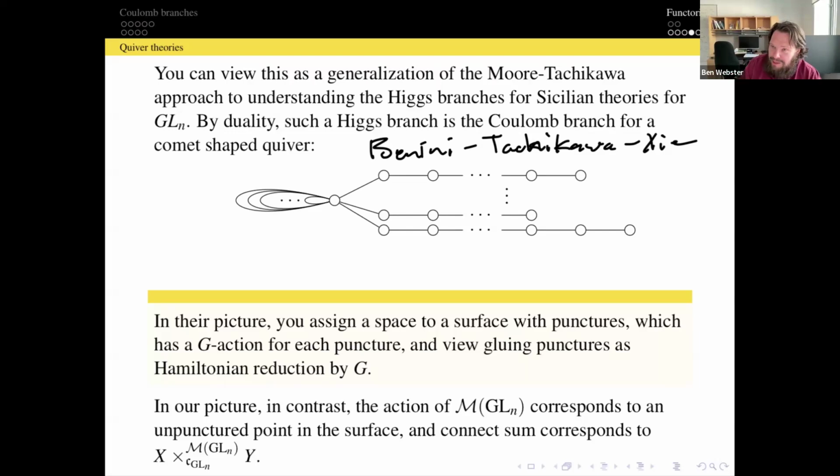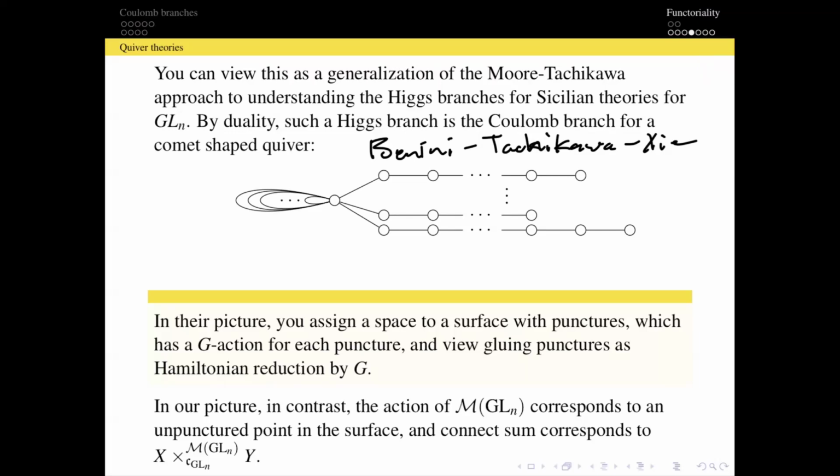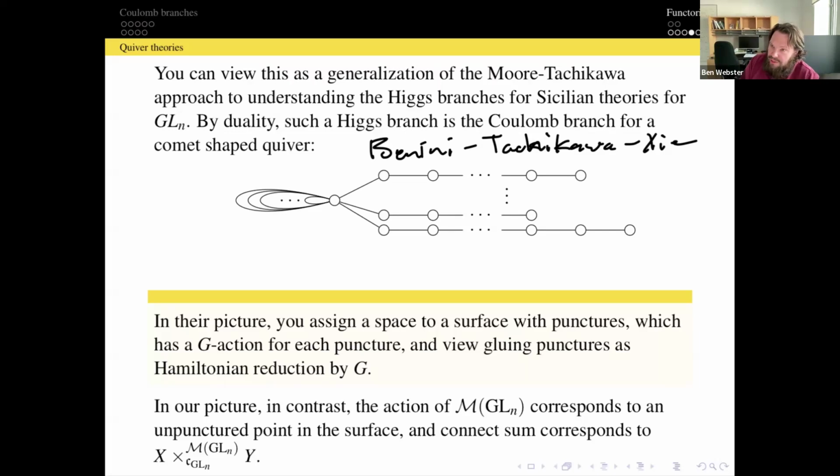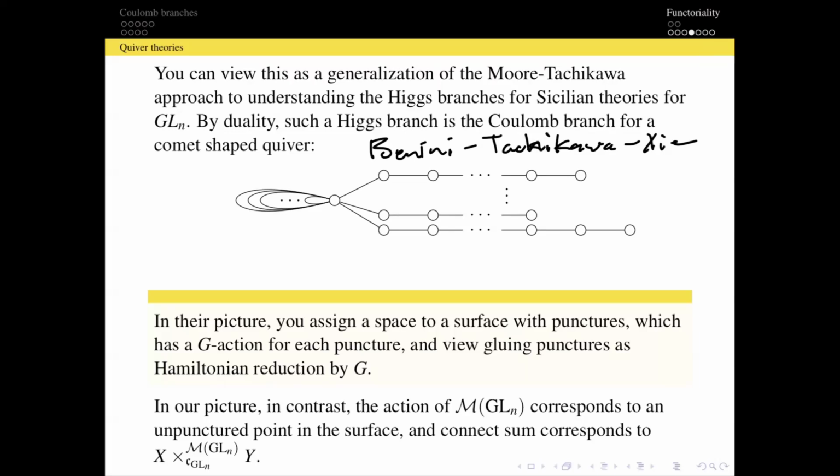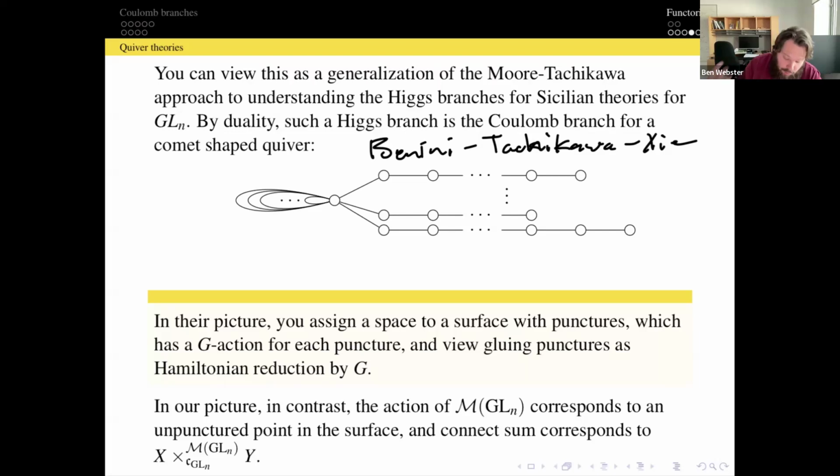That's the paper where I learned about this comet-shaped quiver stuff. If you want to understand these Higgs branches for Sicilian theories for GLN, you can do duality and write them as the Coulomb branch of quiver gauge theories for exactly these comet-shaped quivers. And you exactly get these types of legs I just said that correspond to Slodowy slices.